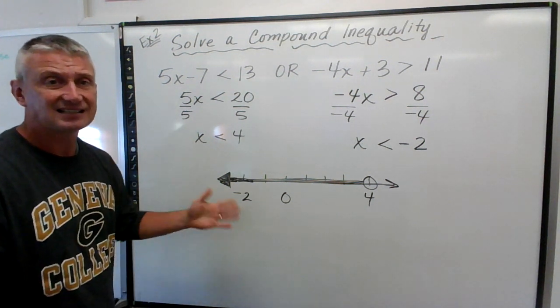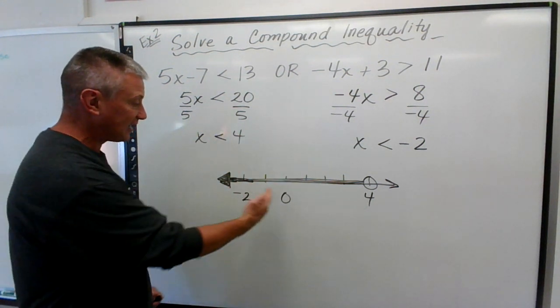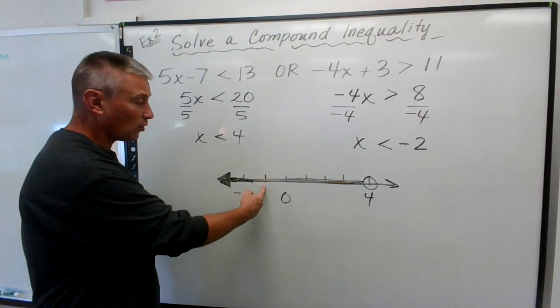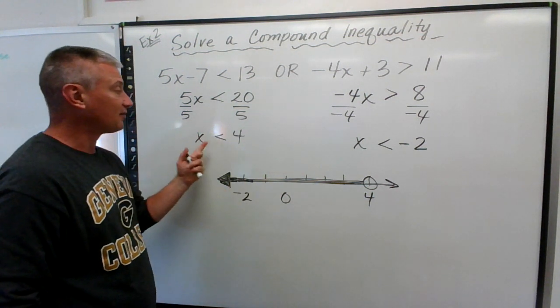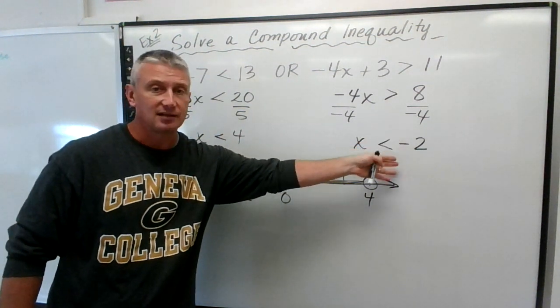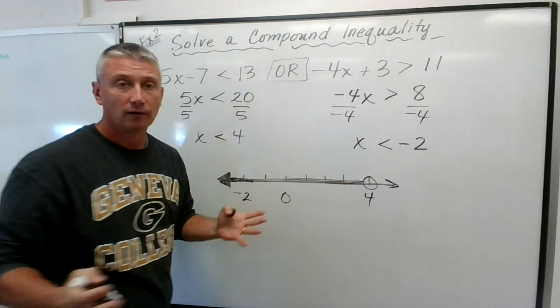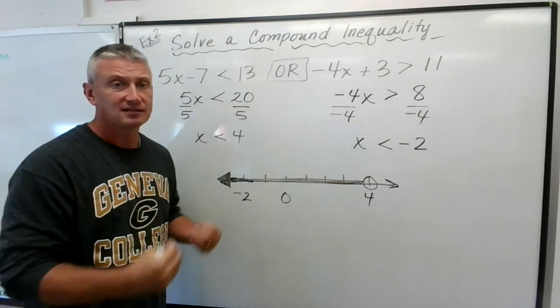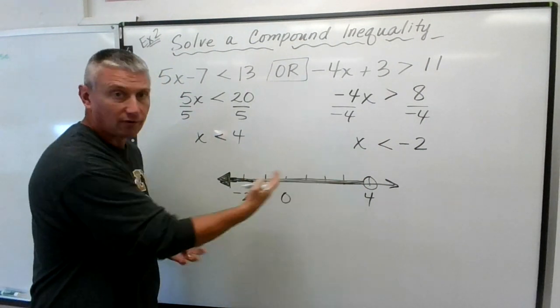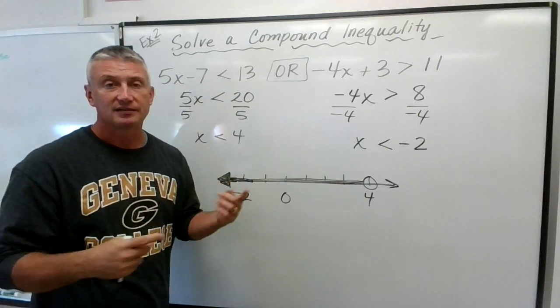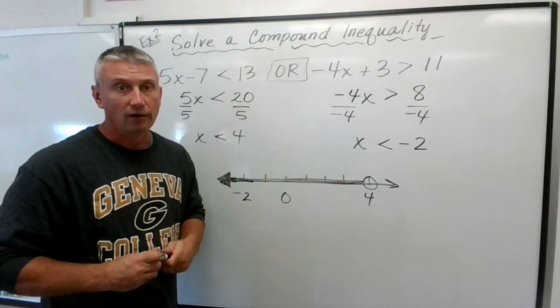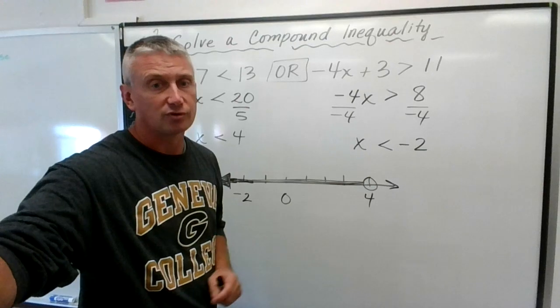So it has to satisfy one of them. If we take negative 1, for example, negative 1 is less than 4. Negative 1 is not less than negative 2, but that is why we call this an OR inequality. It only has to satisfy one of them. Even though the graph shows all of this, it only has to satisfy one of the inequalities. Okay, a little tricky. Be careful.